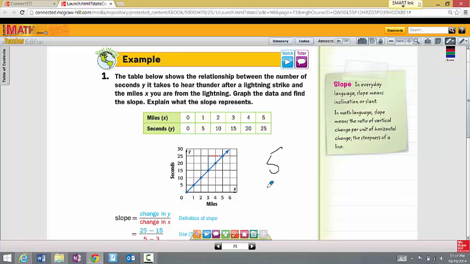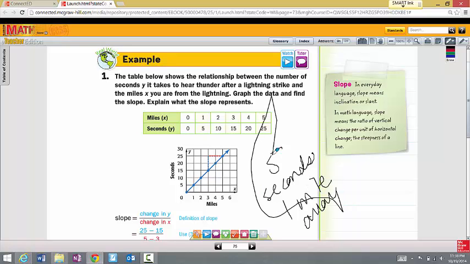For every 5 seconds, it's 1 mile away. The lightning is 1 mile away. You hear the thunder 5 seconds after the lightning strikes. It's 1 mile away. That's what that means.